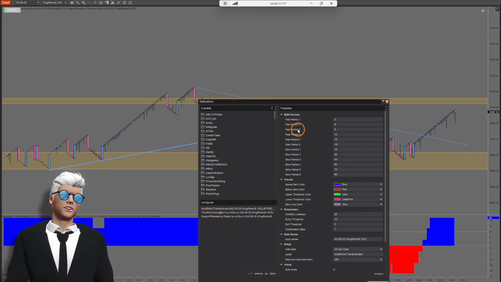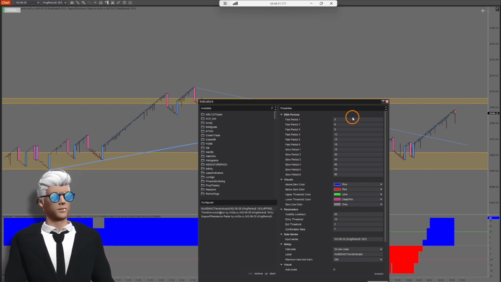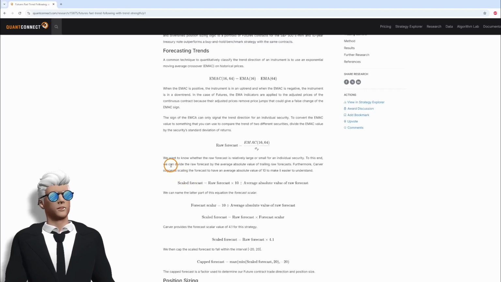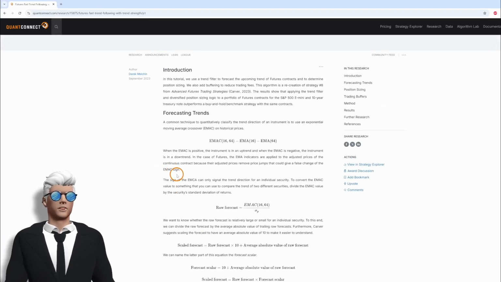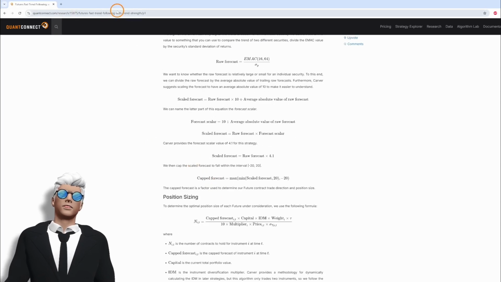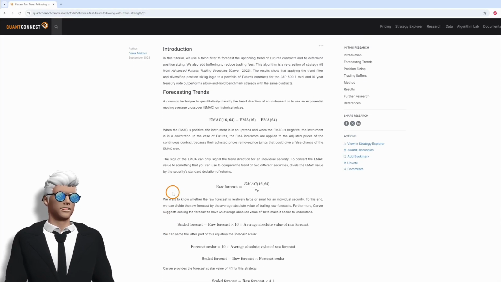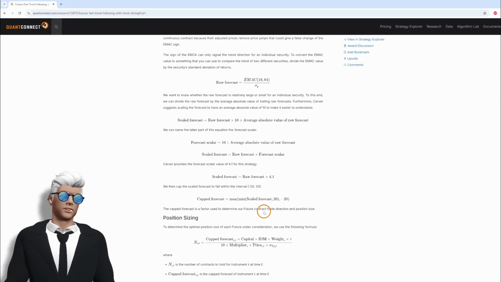I want to show you my multi-EMA crossover trend indicator. What we have here is a bunch of fast periods and a bunch of slow periods. These are all EMAs, and they're all multiples of 5 of each other. Now, if you look back at this article here, it goes into the details of this, and I'll link this in the description below, so you can take a look at it and maybe get a feel for the math.